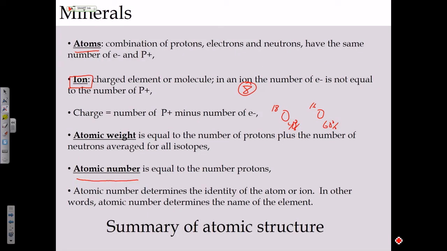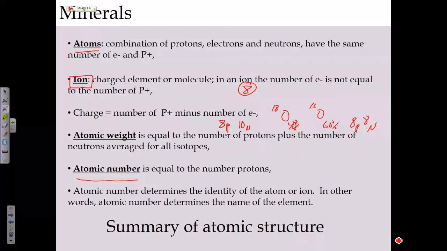But oxygen 18 has 2 extra neutrons in it. So it actually has 8 protons and 10 neutrons, where oxygen 16 has 8 protons and 8 neutrons. This means that oxygen 18 is a little bit heavier because it has an extra 2 neutrons in it.